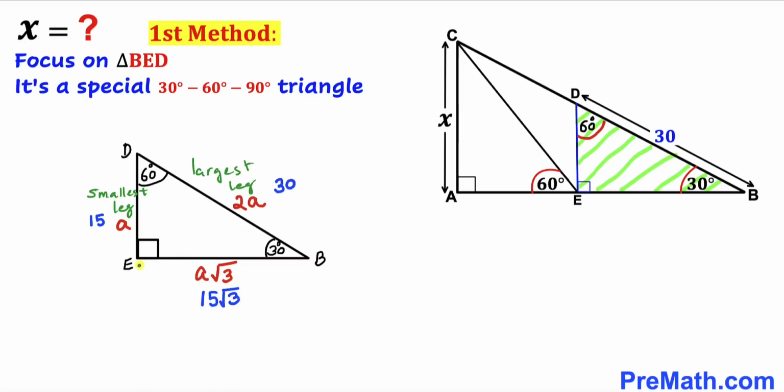So this side length EB is 15 times square root of 3, and this side length DE is going to be 15. Thus our side length EB turns out to be 15 times square root of 3.